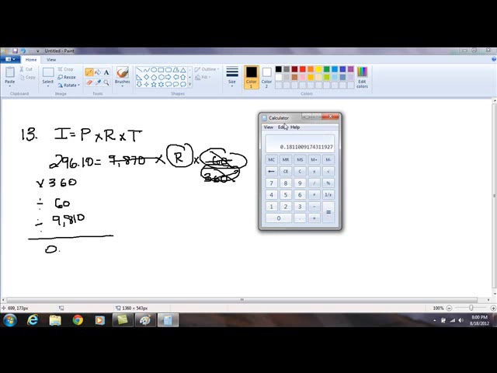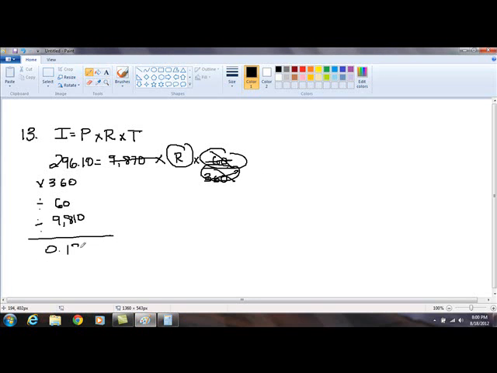Okay. That equals 0.18. So 0.18 equals my rate. I also know that my rate always has to be in the form of a percent. So that makes it 18%.